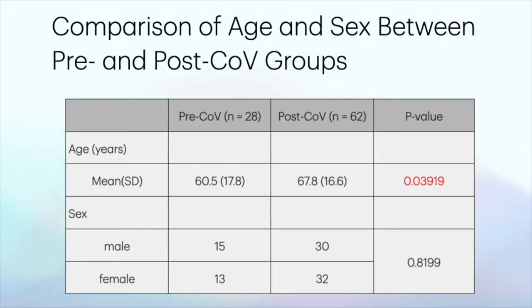First, regarding the comparison by age and sex, the mean age in the pre-COVID group was 60.5 years, while it was 67.8 years in the post-COVID group, showing a statistically significant difference. The male-to-female ratio was approximately equal, with no significant difference observed between the two groups.